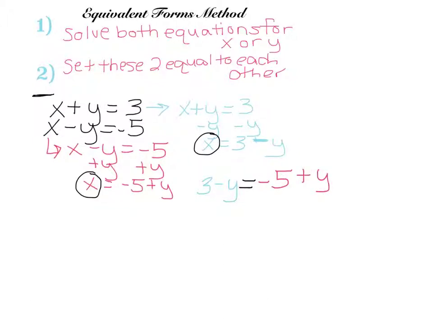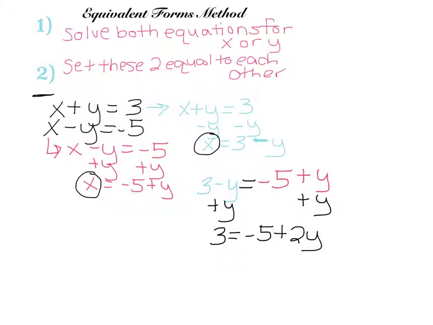Well, obviously we need to solve for y, so let's go ahead and get y alone on one side. To do that, we could add y to both sides. Then we get 3 is equal to -5 plus 2y.